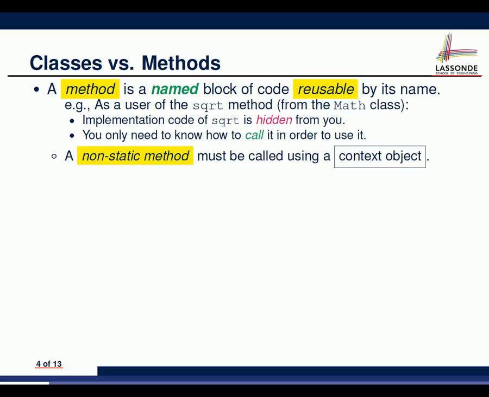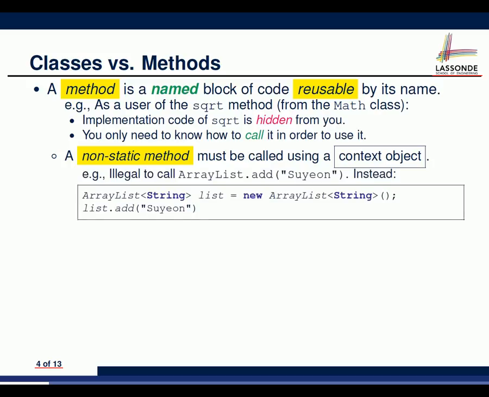So you will have to use a context object. We keep talking about context objects. It's the number one important concept when you do OOP. For example, if I declare a list called ArrayList, which is a class we'll talk about in detail, and I say that every element in the ArrayList is a String, I'm having pretty much an array of strings.